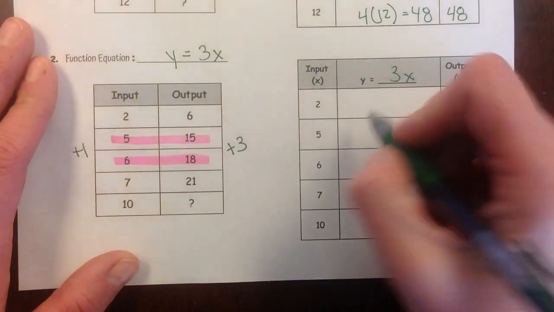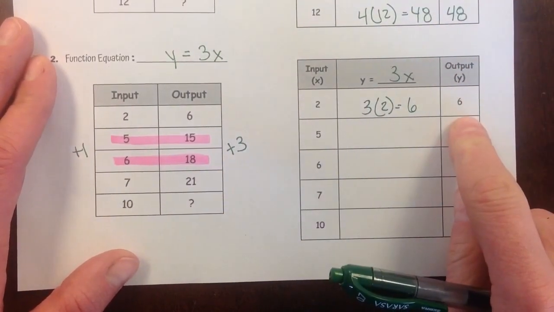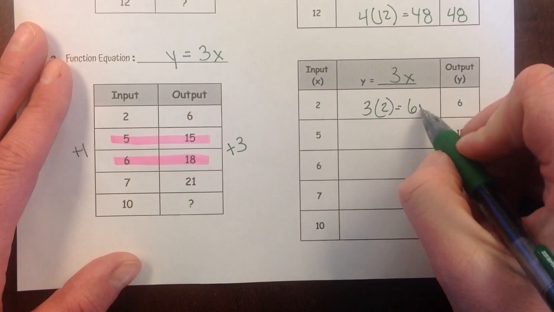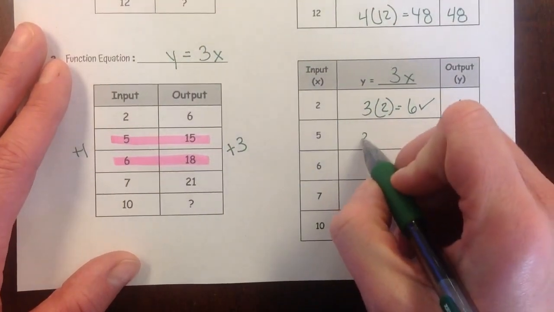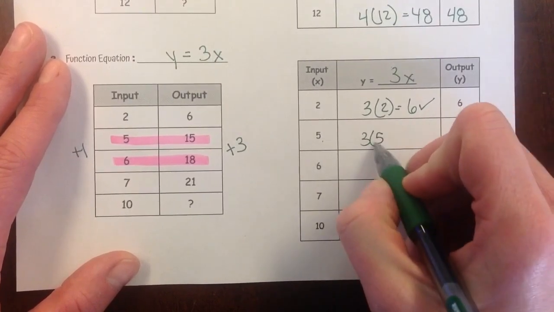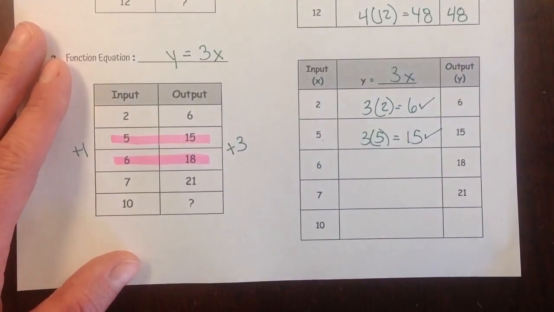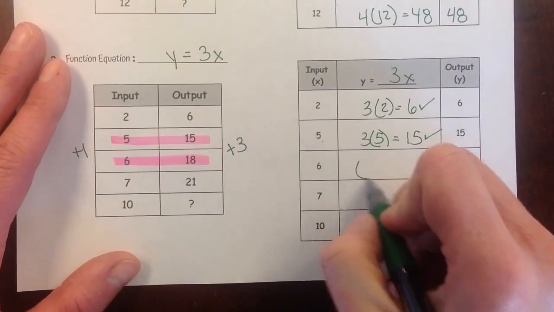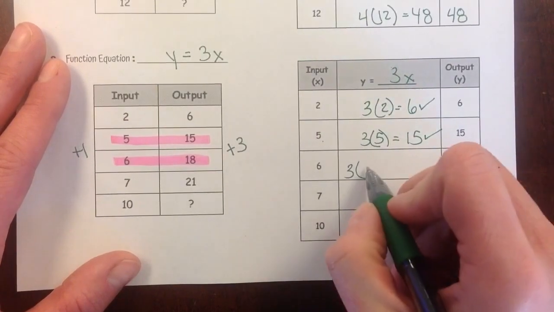So then I'm going to plug it in. 3 times 2 is 6. Does that match your output? If so, you must put a check to show me that you checked that it does match. 3 times 5 is 15. Does that match? Yes. Then I'm going to do 3 times what's my input or my x value? 6.